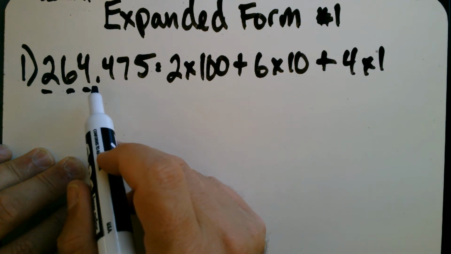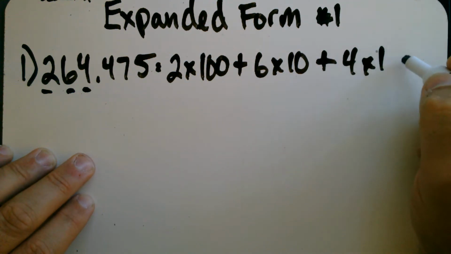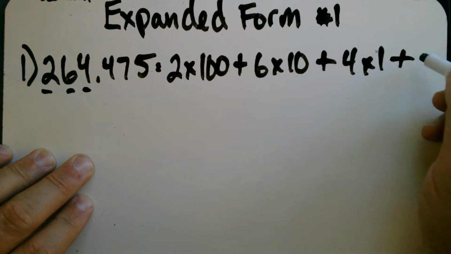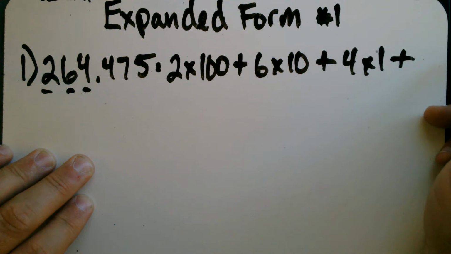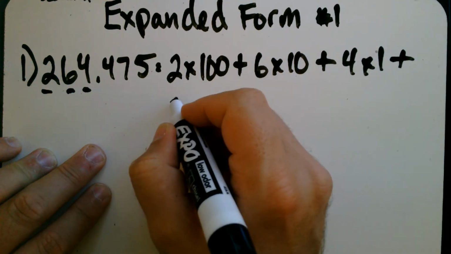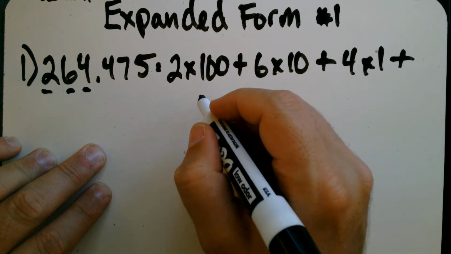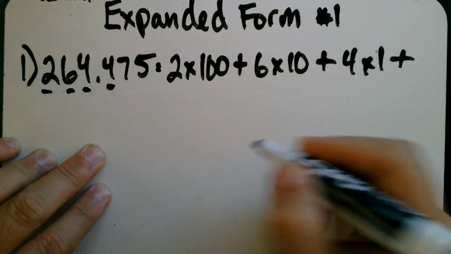All right, these are all of my whole numbers, and now here I go to my decimal. So this is where this may be new for you guys. Now I am going to go ahead and skip down, but on your paper try to continue to the right and keep it all on one line if possible. Okay, so I am going to skip down here, and I'll scoot over a little bit so it's a little bit clearer to see. Okay, so we're in our tenths place now.